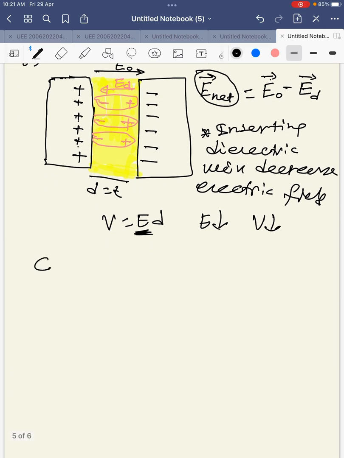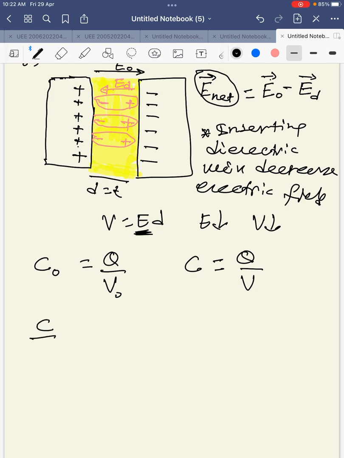Now capacitance without dielectric is equal to charge over voltage without dielectric. And capacitance with dielectric C is equal to charge over voltage with dielectric. Charge with dielectric and without dielectric is the same, because whether you insert the dielectric or not, the charge remains constant. Now let's take the ratio.